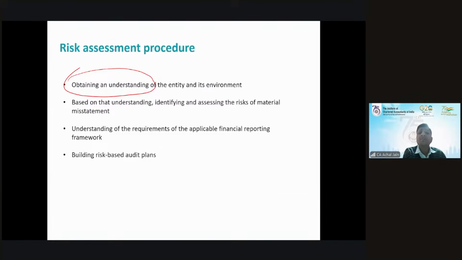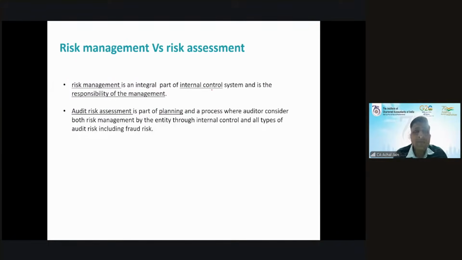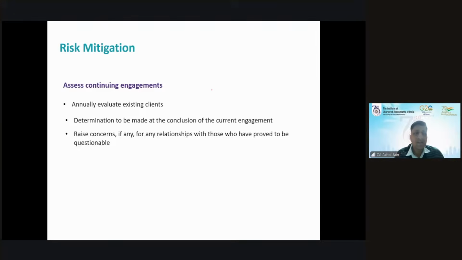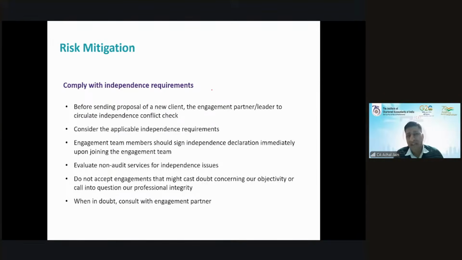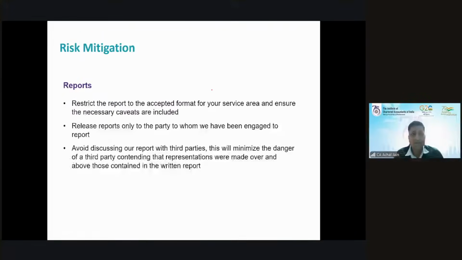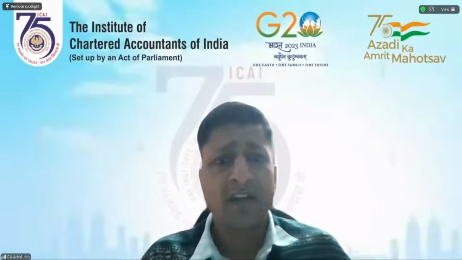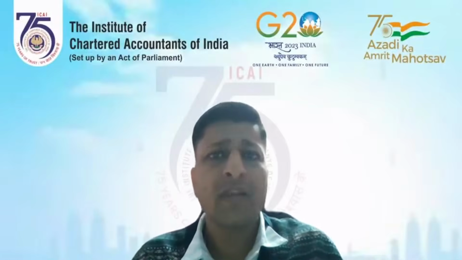On the basis of the understanding, you will first identify and then get on to the detailed assessment. Once you have this risk assessment in place, you will want to mitigate those risks, for which you will do a lot of activities, and you will also be looking at the control systems which are there in the organization.